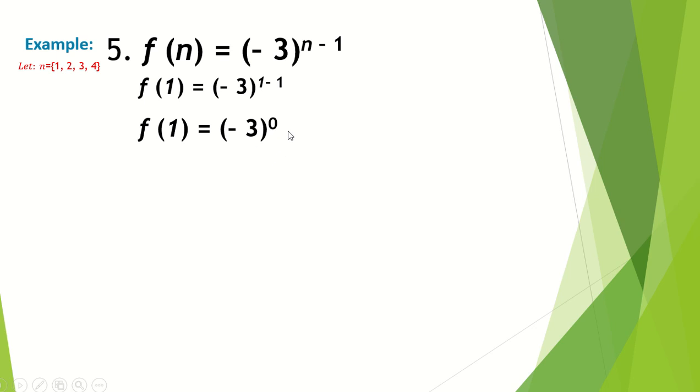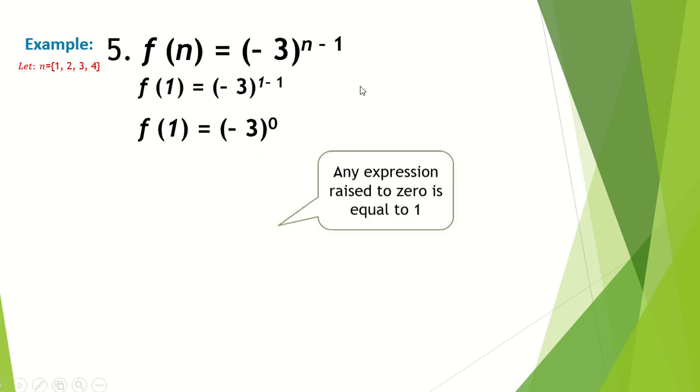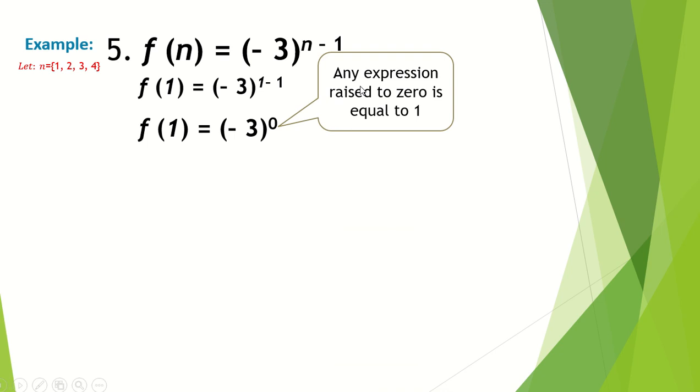Using the law of exponents, the zero exponent rule tells you that if a base is raised to 0, then it is equal to 1. For this case, the entire negative 3 is the base with an exponent of 0. Therefore, it is equal to 1.